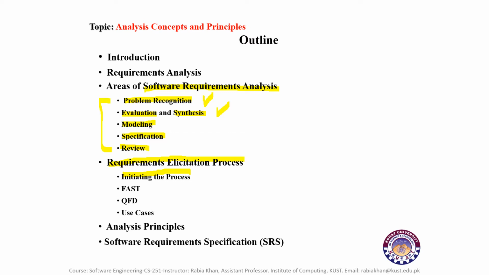Another technique that is proposed is FAST, Facilitated Application Specification Technique, in which instead of working one-on-one, a group-oriented meeting, a group-oriented interview is designed, in which a group of developers interact with a group of customers in order to obtain a better requirements understanding from the customer.